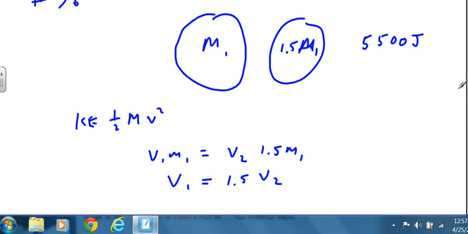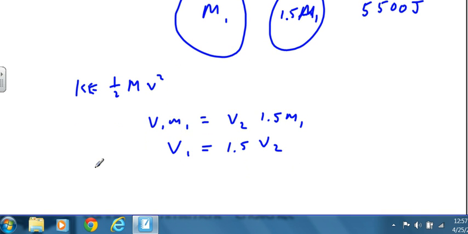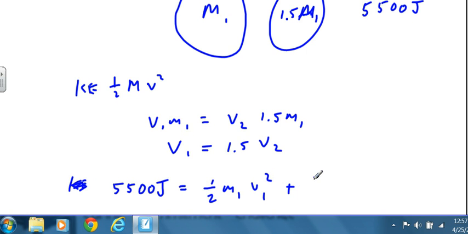That has to be the case. So the 5500 joules has to be the kinetic energy of the first guy, 1/2 mass 1 velocity 1 squared, plus the kinetic energy of the second guy, 1/2 times 1.5 mass 1 times velocity 2 squared, which would be velocity 1 divided by 1.5, the quantity squared.